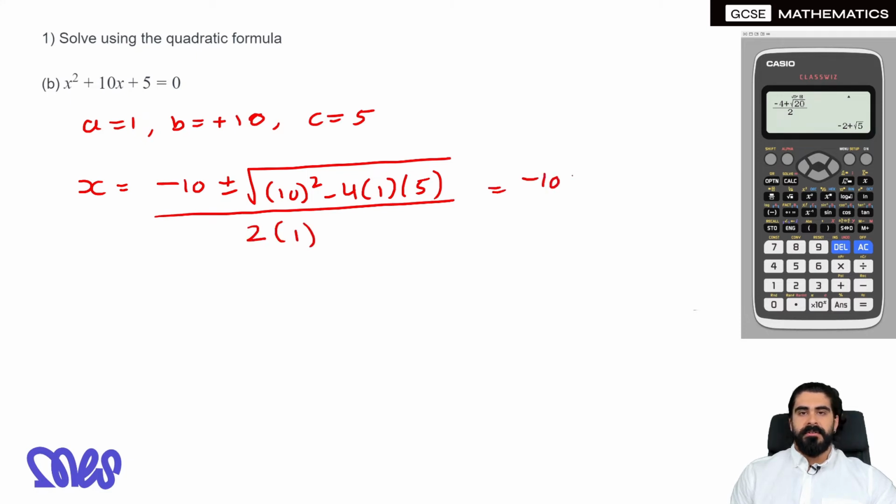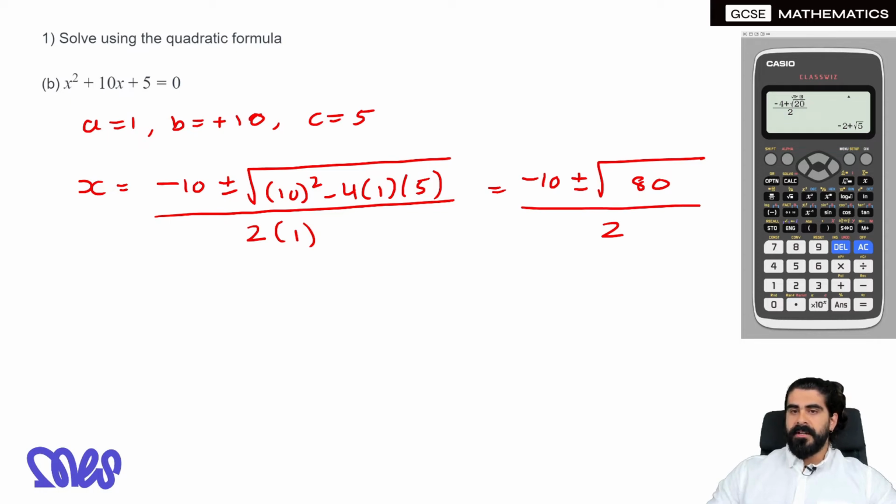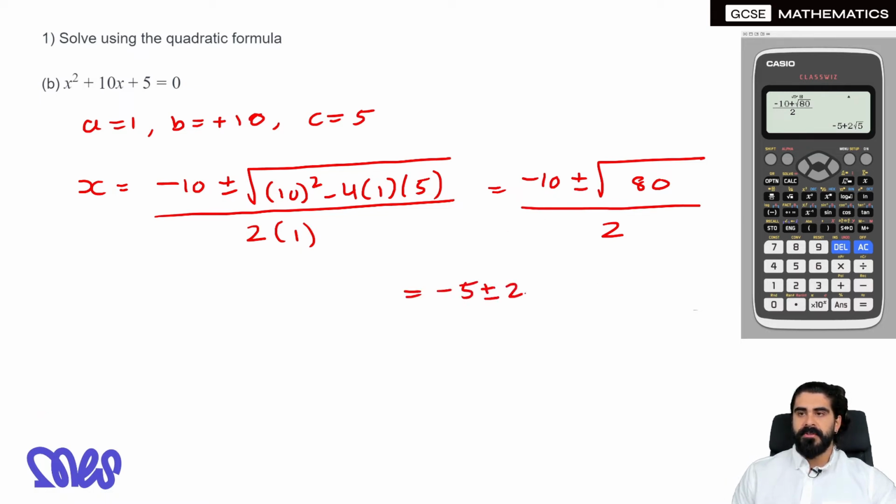Then again, in the calculator, we're just going to type in what's inside this root. 10 squared is 100. Then we have 100 minus 20, so 80 all over 2. So in our calculator, we're going to have minus 5 plus or minus 2 root 5.